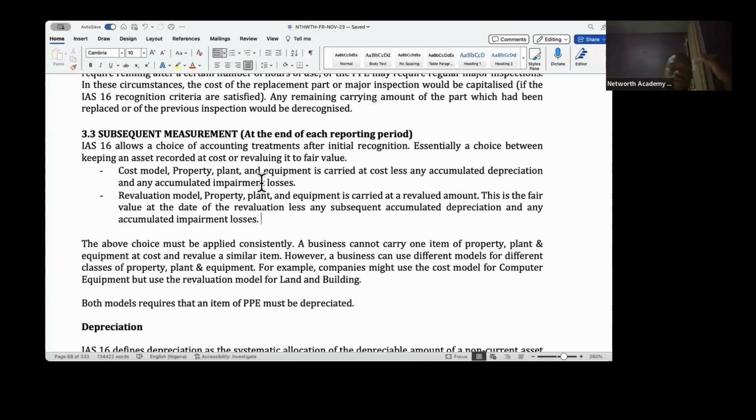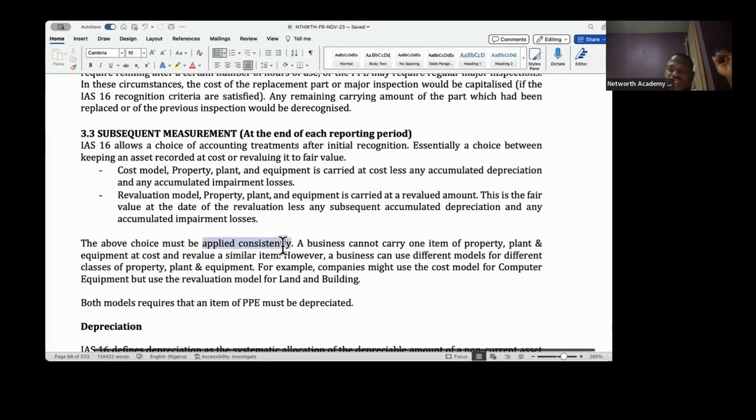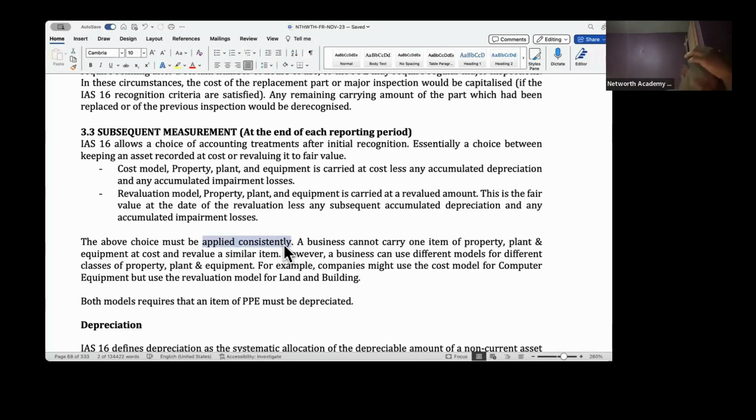So cost model, revaluation model, you can't use the two, you have to choose one. And when you choose one, it's something you apply consistently. It's not something where you choose one this year and then say you want to change it in another year.